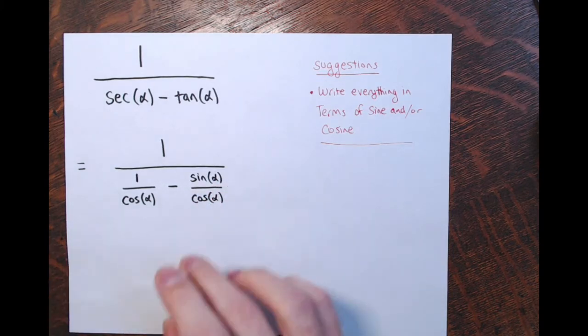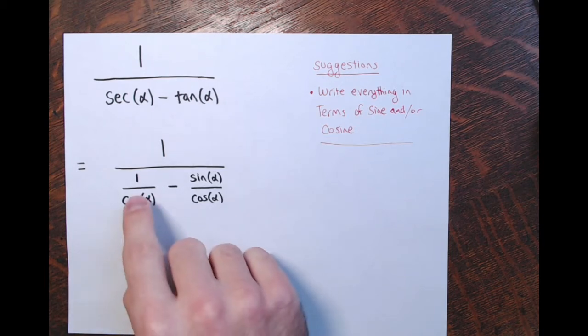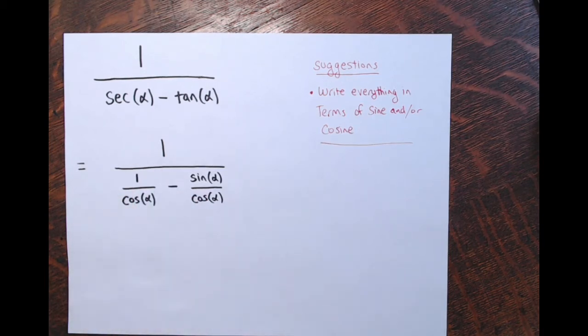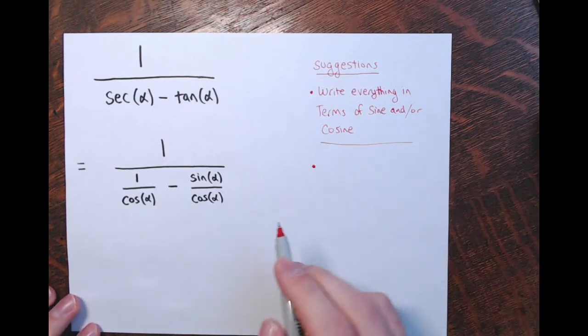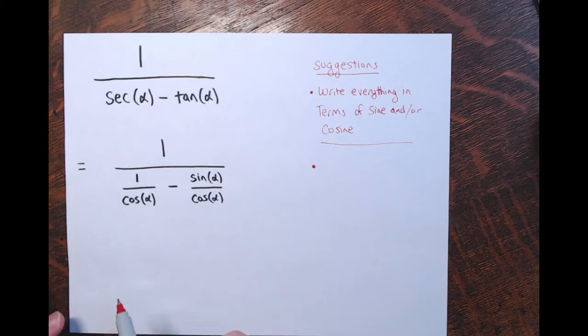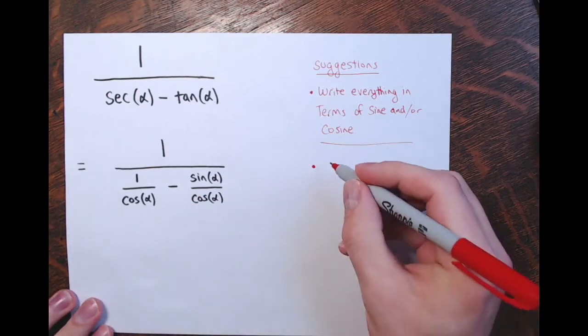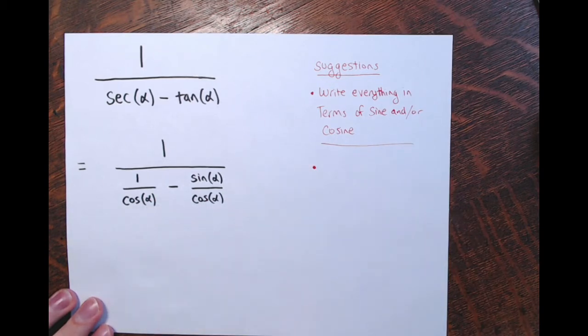Okay. So again, this is now a complex fraction, right? Fractions within the fraction. Another suggestion I would make is that if you see the sum or difference of 2 fractions here, write them as a single fraction.